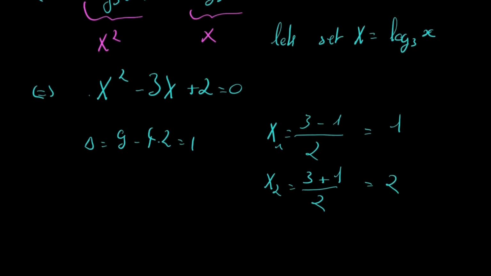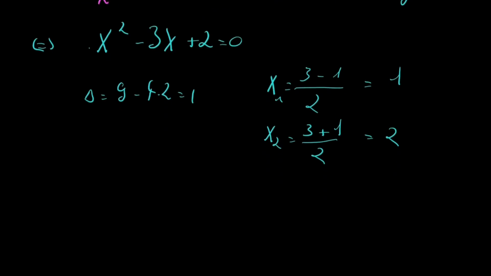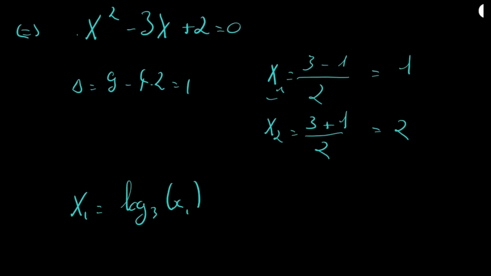And now that we have solved this equation, we are going to solve back the equation capital X is equal to log 3 of little x, because we want to find the solution for little x. So for the first capital X, X1 is equal to log 3 of little x1.